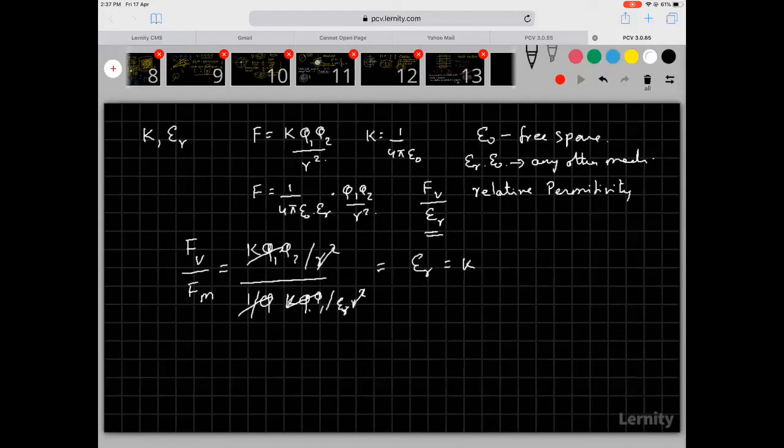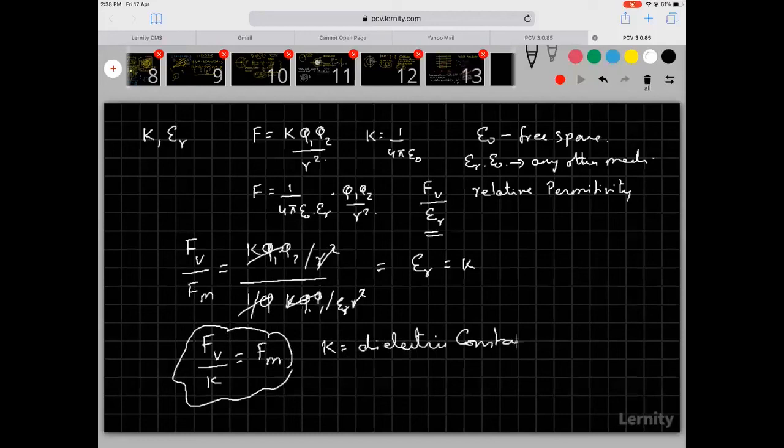This is capital K, this is small k. So Fv by K is equal to Fm. K is called the dielectric constant, also referred to as relative permittivity.